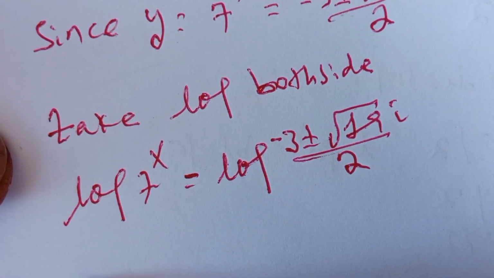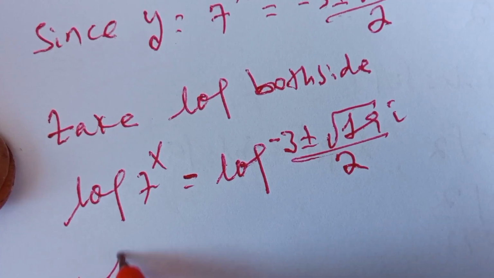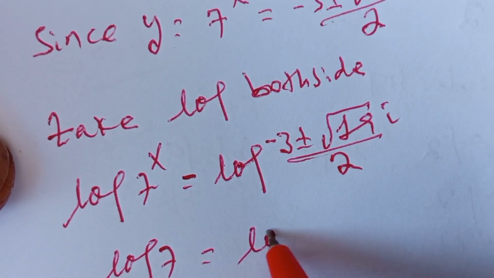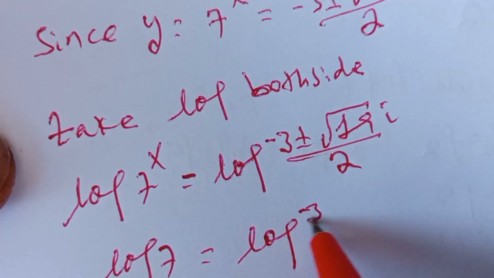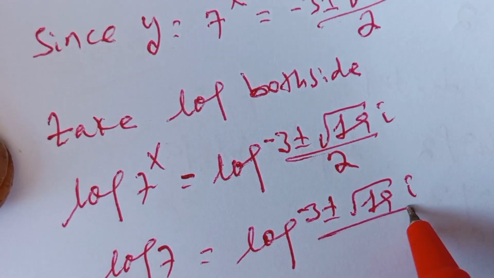This means x times the logarithm of 7 is equal to the logarithm of minus 3 plus or minus root 19 i over 2.